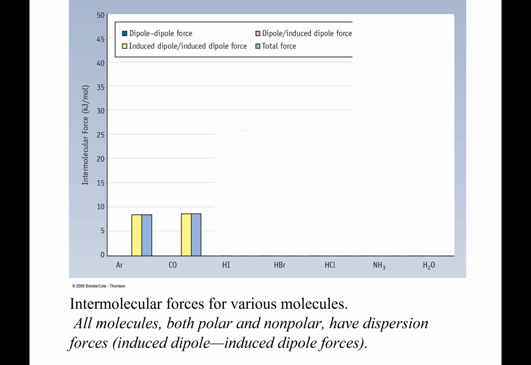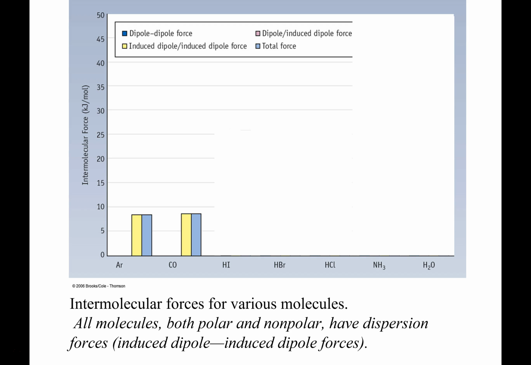Okay, so the last slide, I've got an assortment of compounds down here: argon, CO, HI, HBr, HCl, NH3, and H2O. And I've got a possibility of 3 different types of intermolecular bonds. The yellow and the blue, we'll pick on those since those are here for argon and carbon monoxide. The yellow is induced dipole, so that's what your dispersion force is, isn't it? That's the yellow. The blue is dipole-dipole.